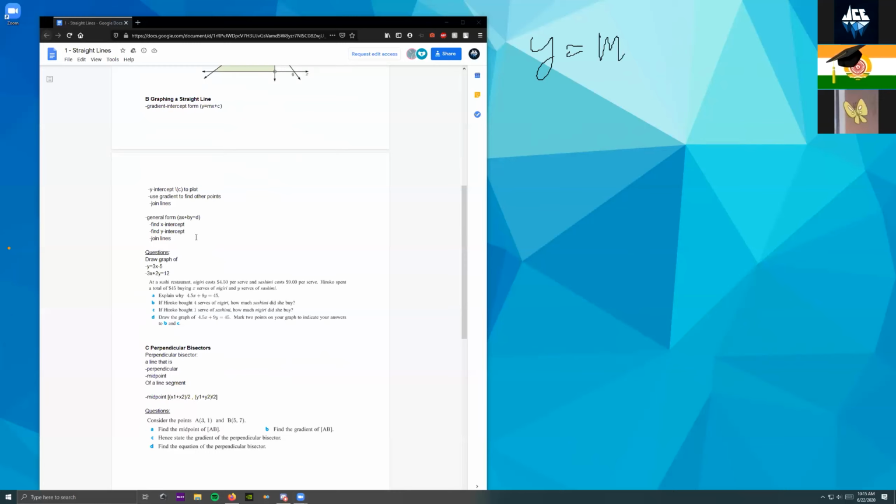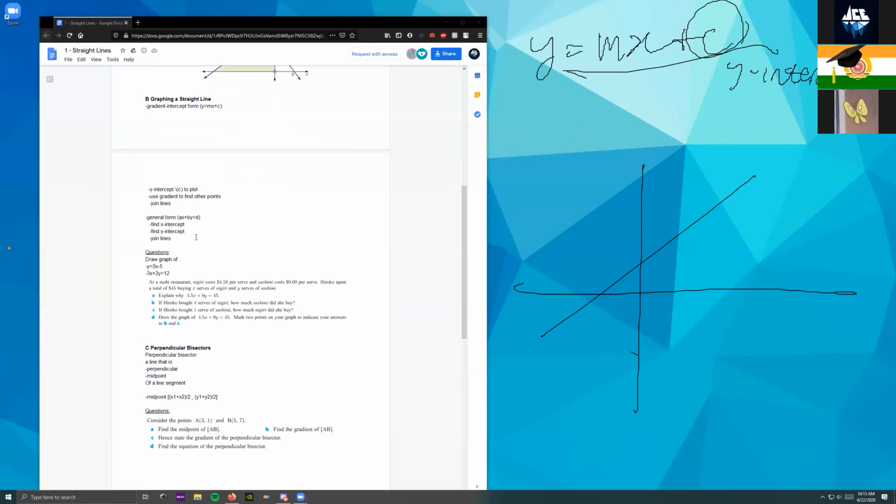So for example, in the case of y equals mx plus c, we know that this is the y-intercept. And from this, we can know that if you have, for example, a straight line like this, this is going to be 0, c. This is going to be here. And then the slope would be m.